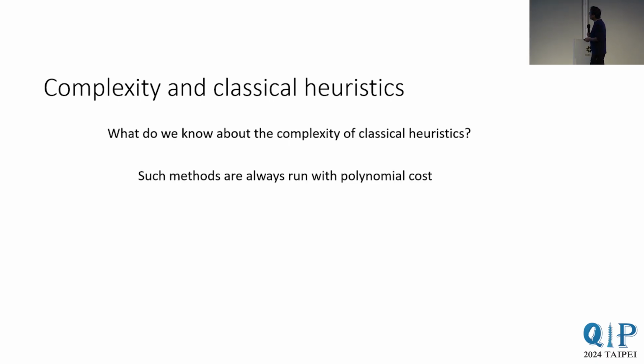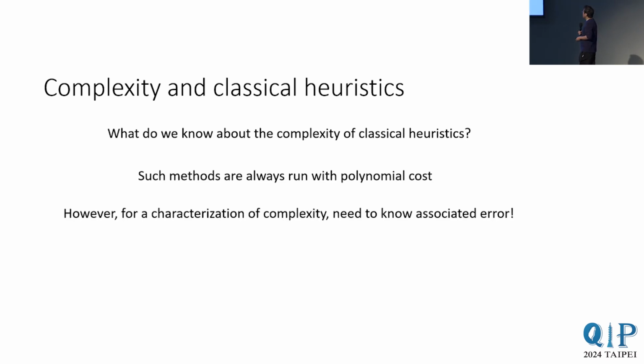Well, what we do know is the runtime cost, right? Because you apply a classical heuristic so that it's a polynomial cost algorithm, otherwise you wouldn't use it. But you don't know the error associated with your algorithm. And so for proper characterization of the complexity, you of course want to talk about the cost to achieve a certain error.